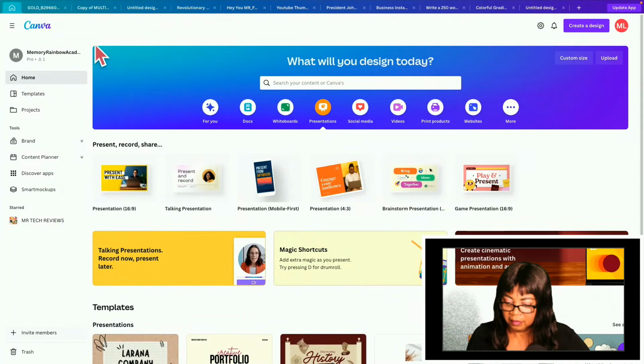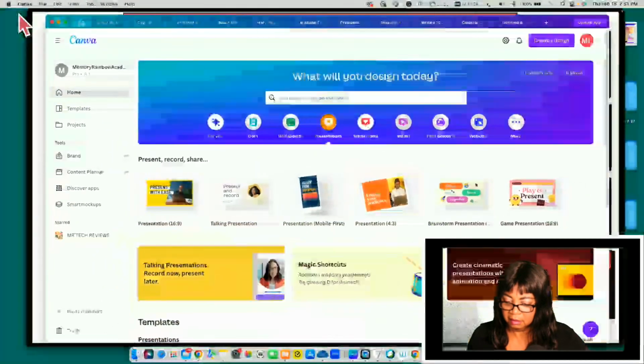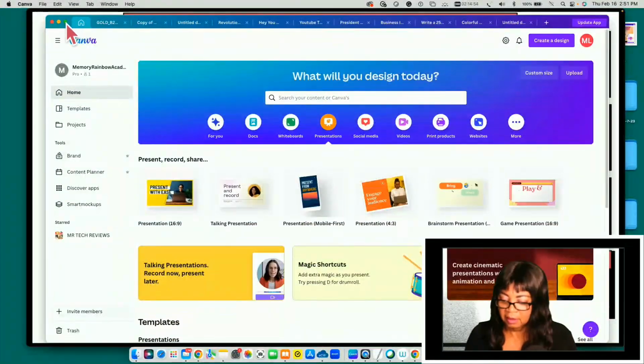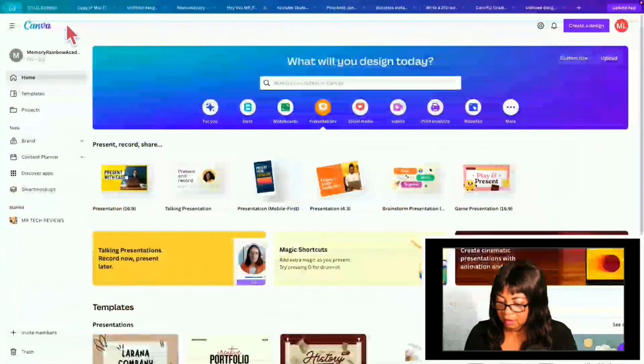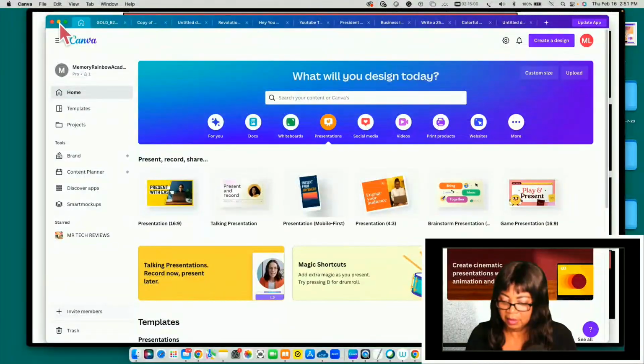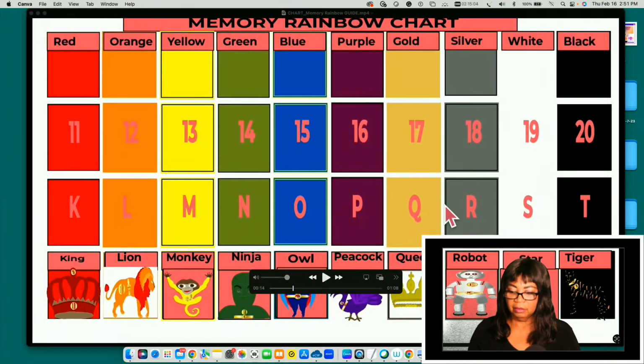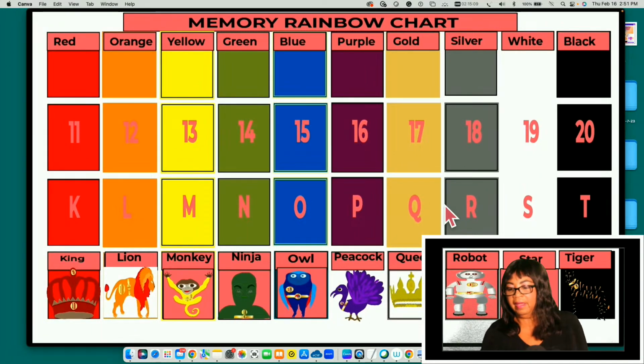So, all right. Let me come down. Oops, sorry about that. Trying to move this out of my way. And I would definitely try to get a hold of the Memory Rainbow chart. Play with that, and it will definitely help you out to start learning the system.